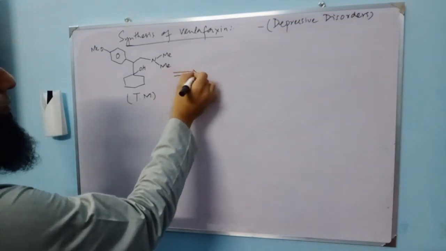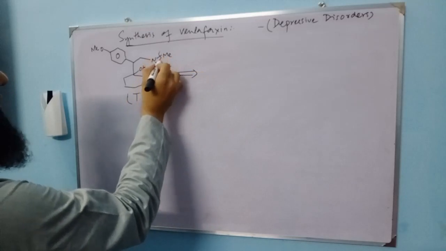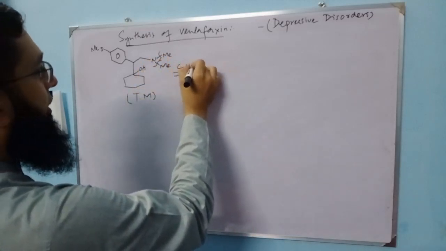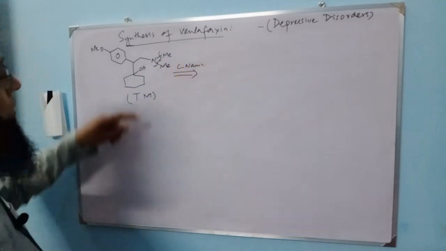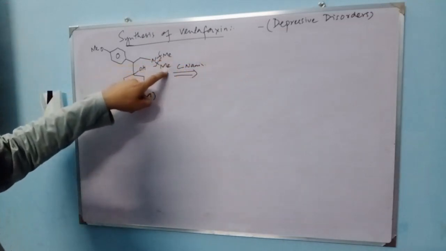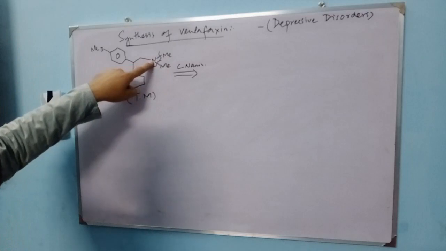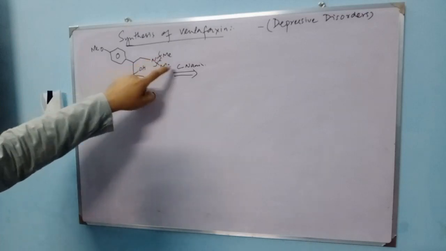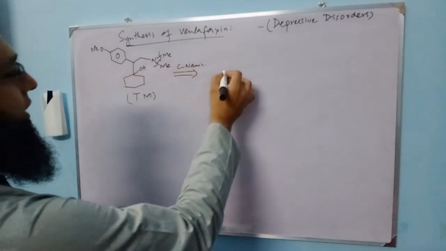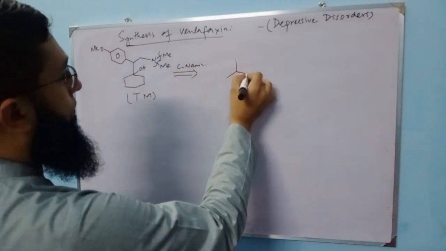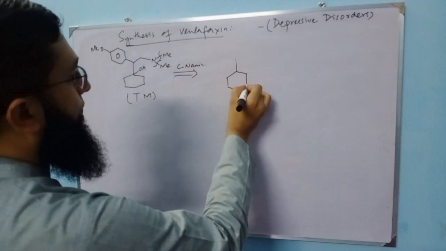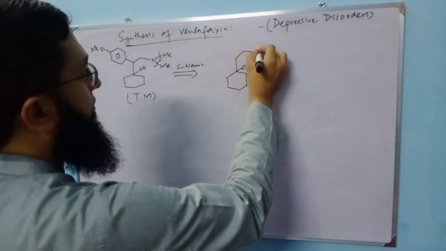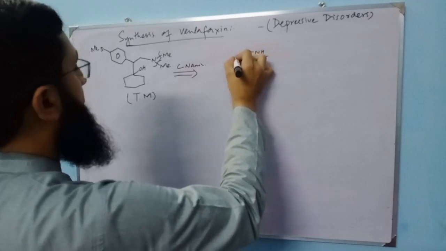So in the first step, we will disconnect from here, and this will be a C-N amination disconnection, because carbon is getting attached to an amine, and as a result we will get this one.